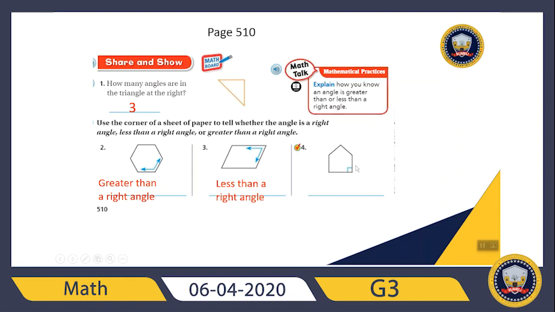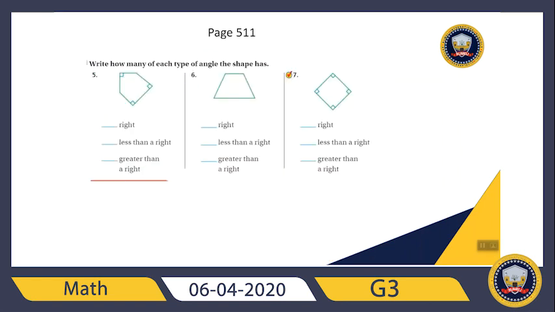What about this shape? We said that a square in the corner shows what? That's right, a right angle. And how many of each type of angle does the shape have? This shape, and this shape.